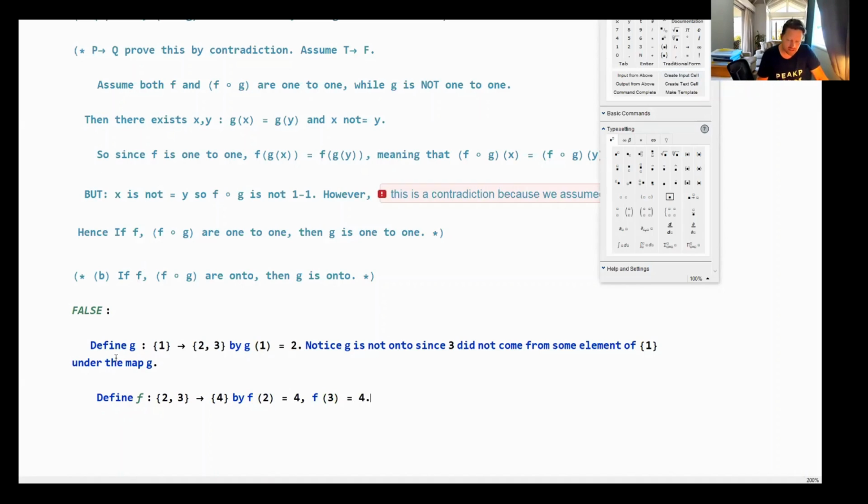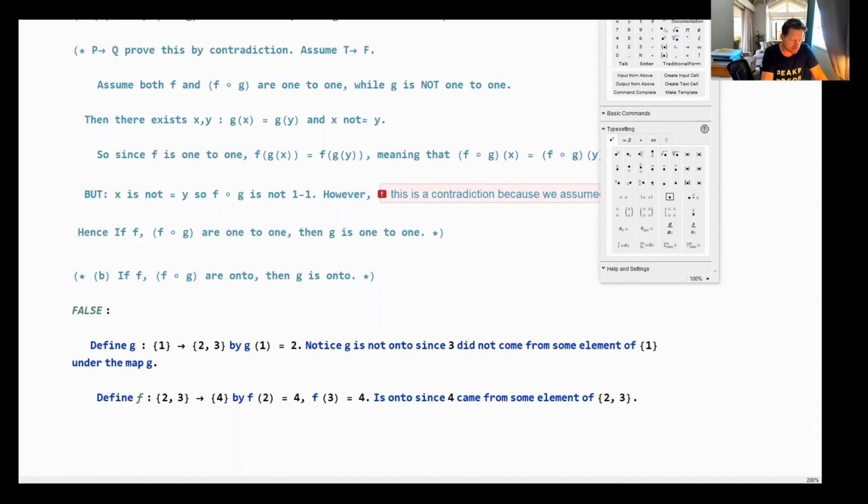Okay, now this map here, this is onto, right? It is onto, since every element in the set containing 4 came from some element of the set containing 2 and 3.